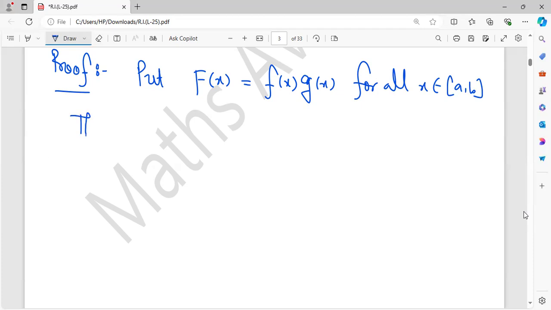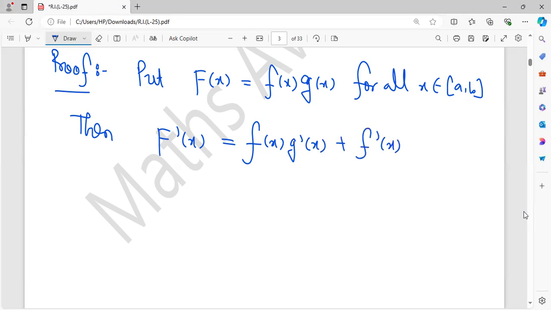Then F dash(x) is equal to f(x) g dash(x) plus f dash(x) g(x).